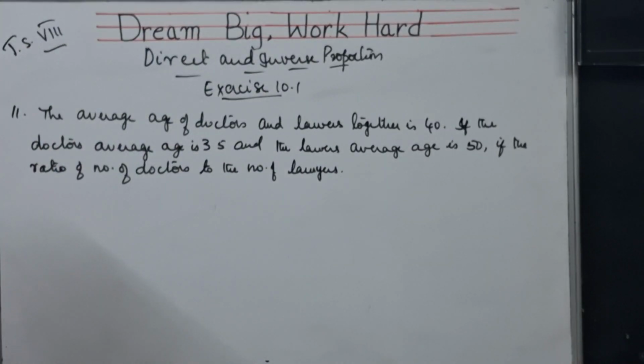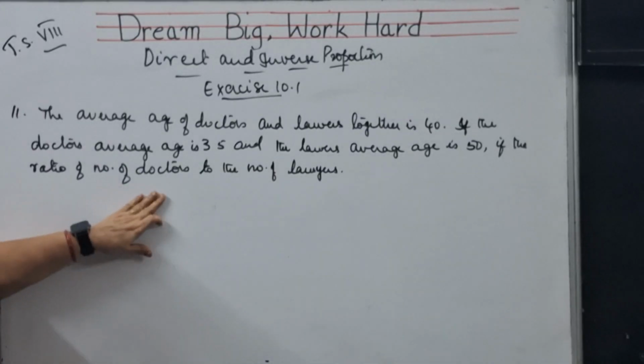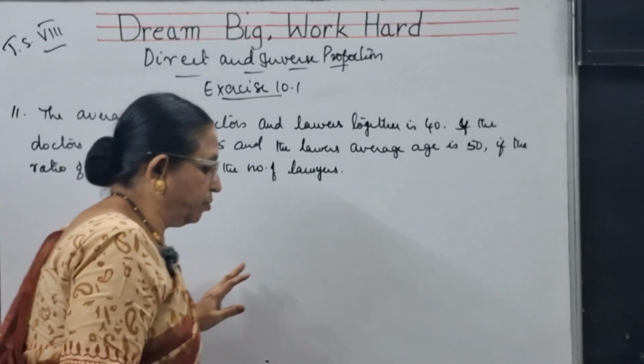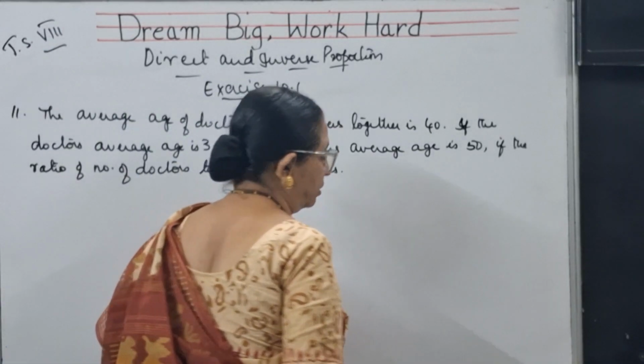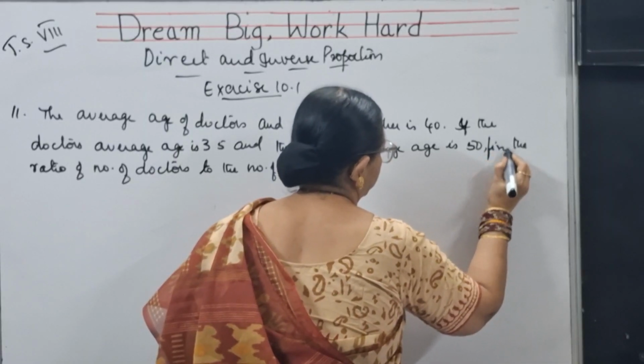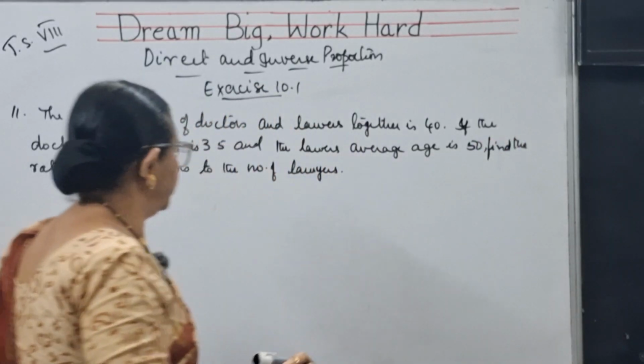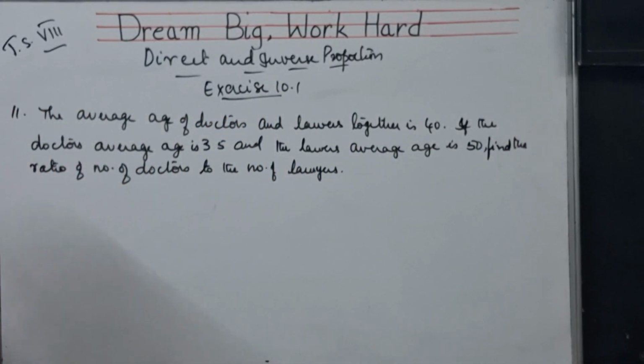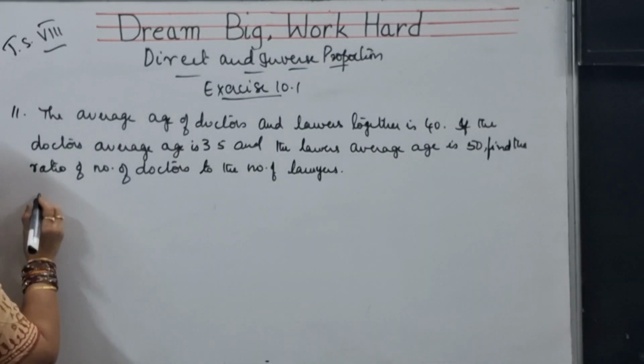11th sum, children. The average age of doctors and lawyers together is 40. If the doctors' average age is 35 and the lawyers' average age is 50, find the ratio of the number of doctors to the number of lawyers.